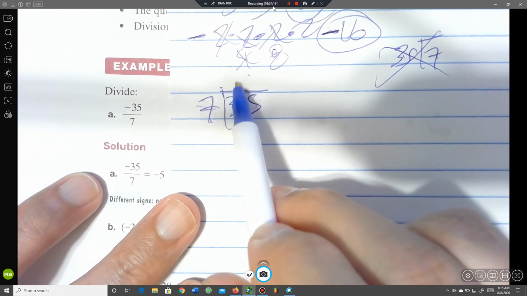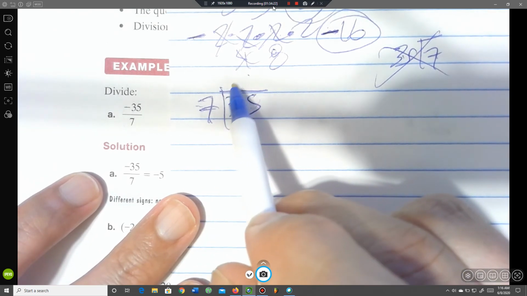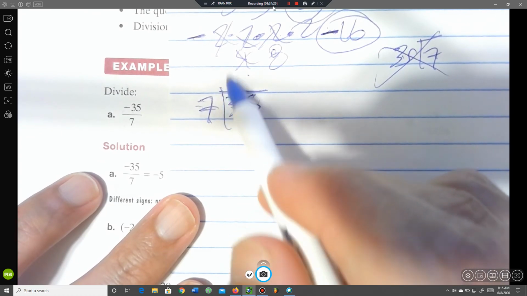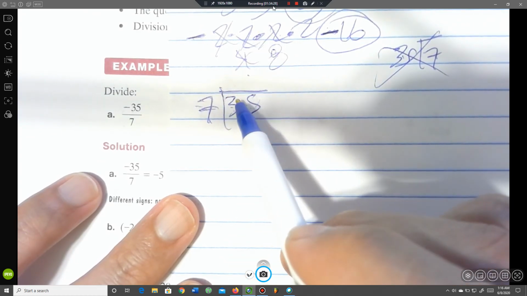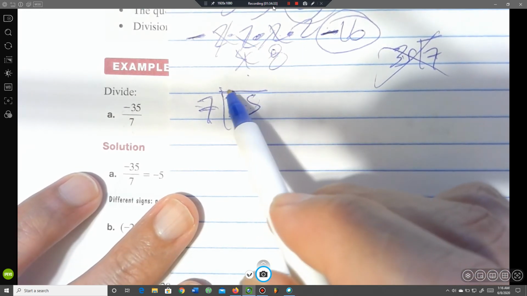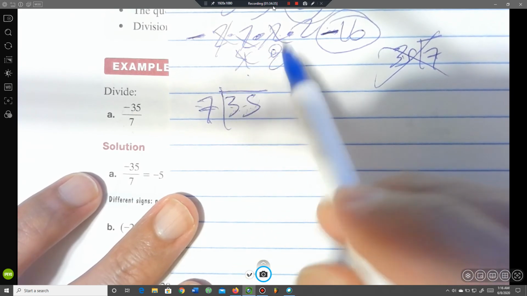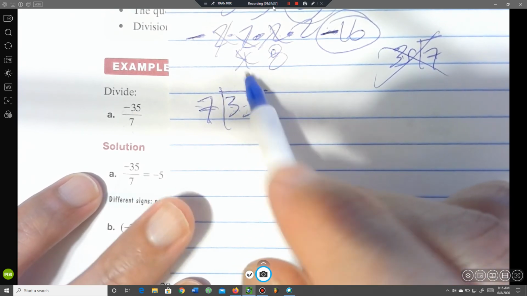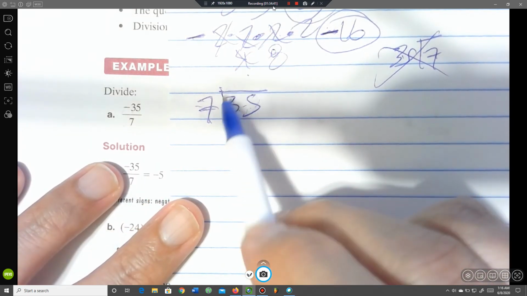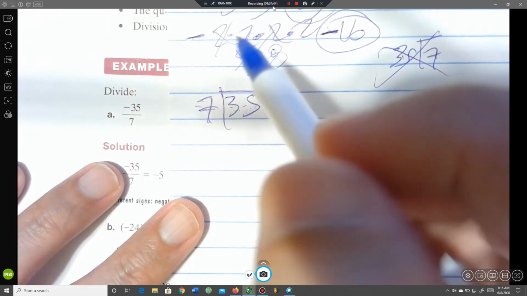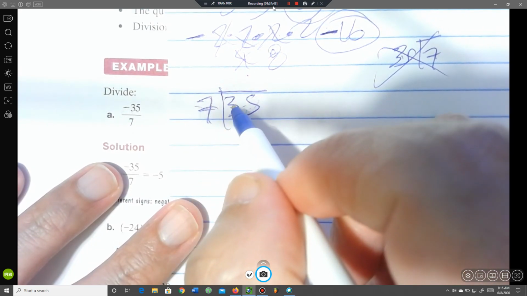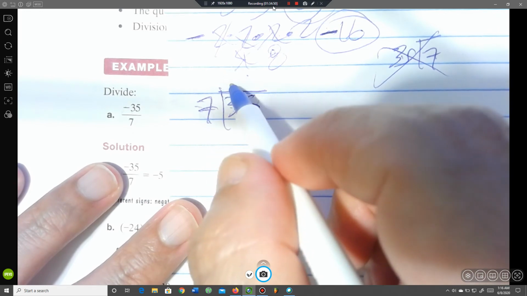I know you're going to forget and start writing stuff here, but you need to practice and obey that rule, or else it's going to throw your decimals off once we get into decimals. So make sure you learn this rule right here. 7 just doesn't go into 3, so don't write anything up there.